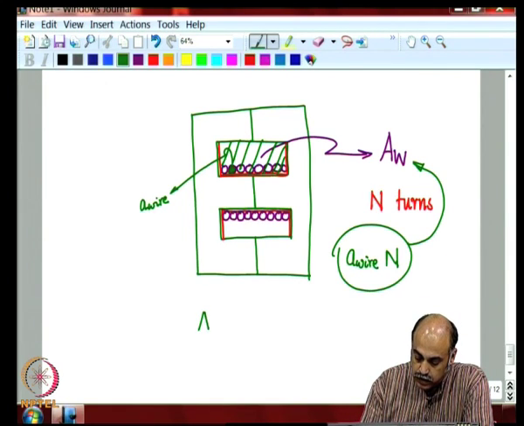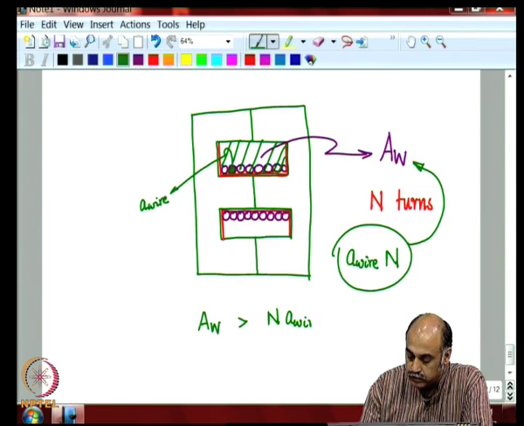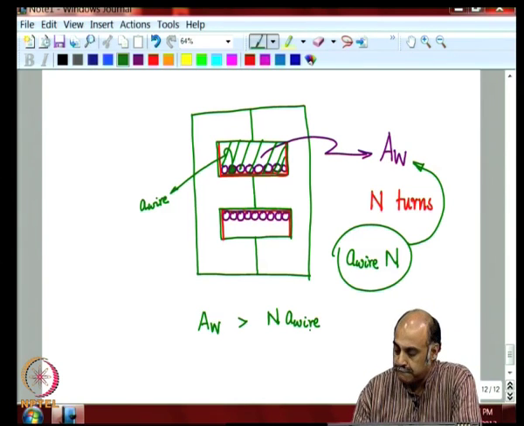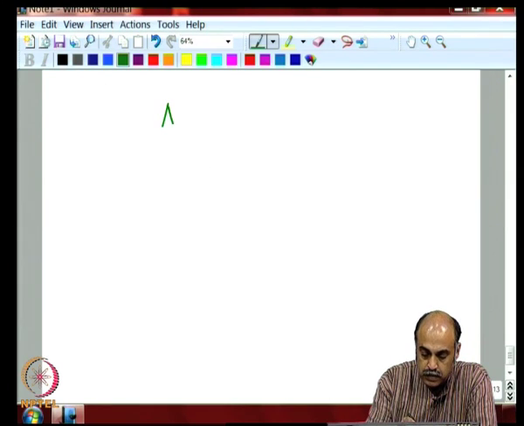So, AW should be greater than n into A wire. Now, let us do some simple math. AW should be greater than n into A wire.